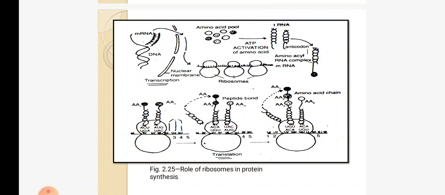Then through the transcription and translation processes, there is a formation of amino acid chains, polypeptide and peptide bond structures, and then there is protein synthesis. Transcription and translation are two important processes present in protein synthesis.